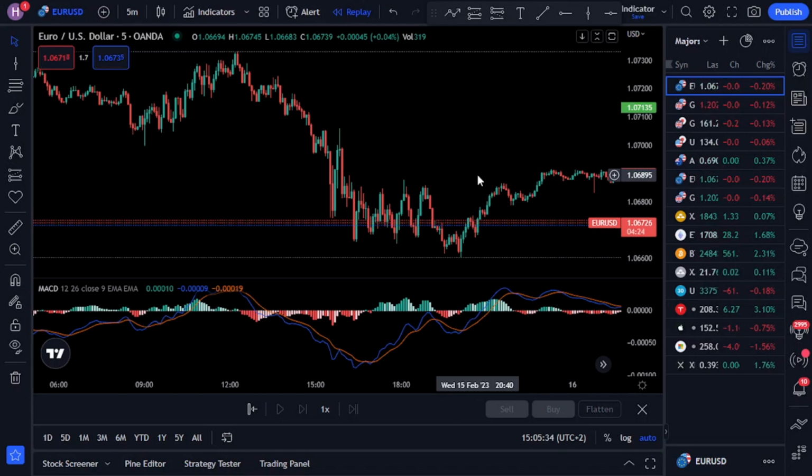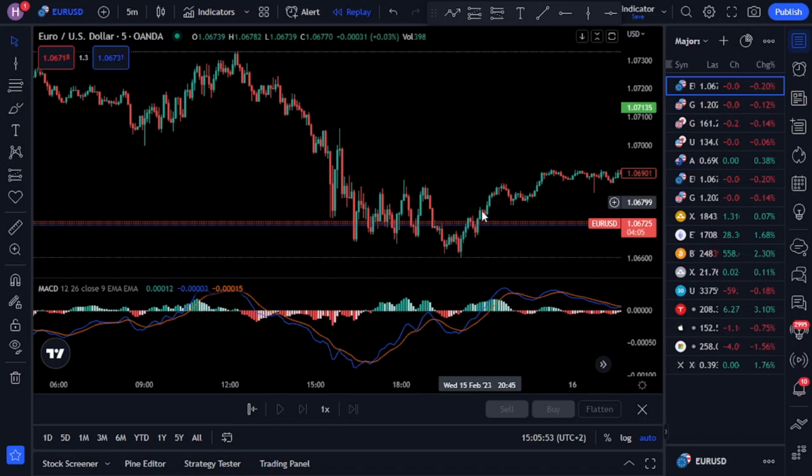The MACD indicator is a technical analyst tool used to identify changes in a trend's strength, direction, momentum, and duration. It consists of two lines that are calculated based on moving averages of the security's price.